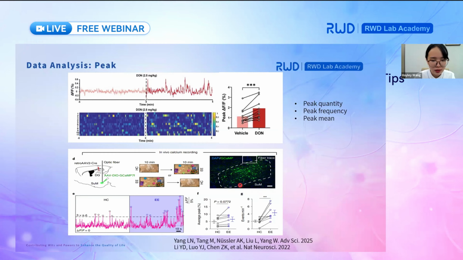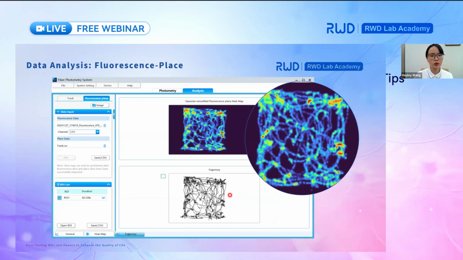For example, this study compared average peak delta F over F calcium event frequency when the mice were exposed to a home cage versus an enriched or novel environment. In many studies, fiber photometry is combined with behavior assays to investigate neural activity during free movement.